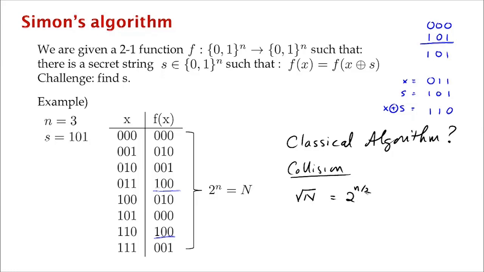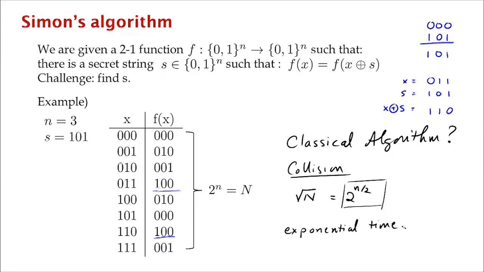In addition to the birthday paradox giving you a good bound, the chances that you can find a collision in much fewer trials than this are negligible. And so classically, you can do no better than 2 to the n over 2 steps. So it takes exponential time to solve this problem classically.